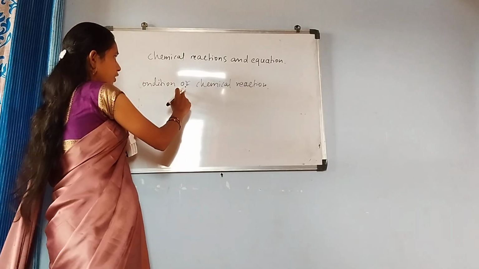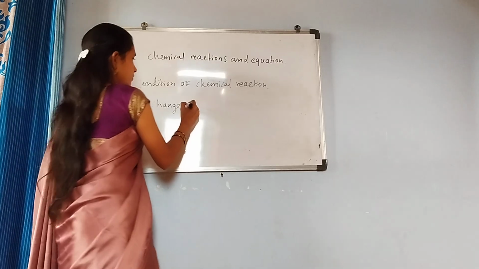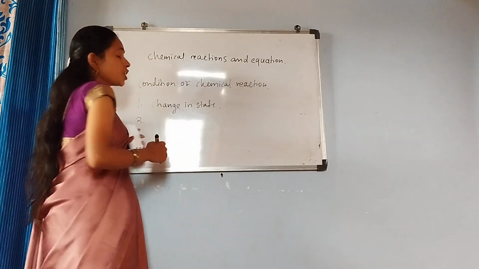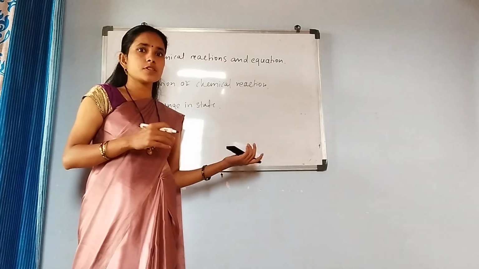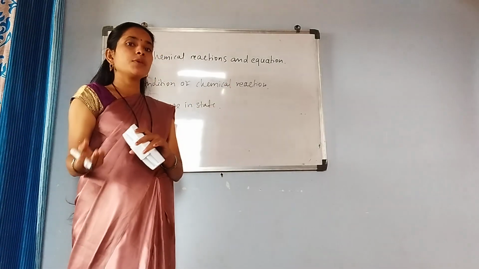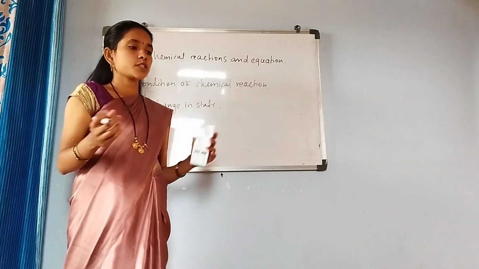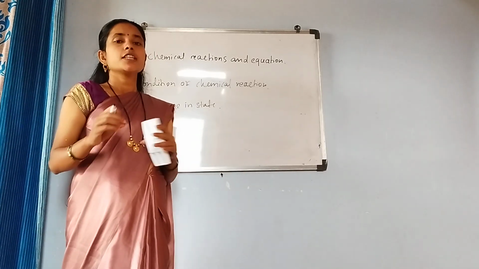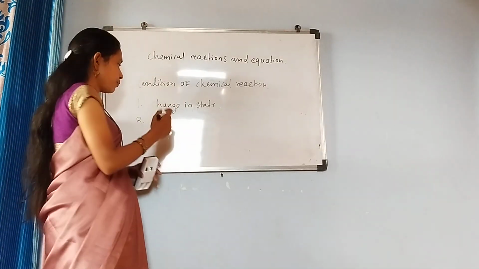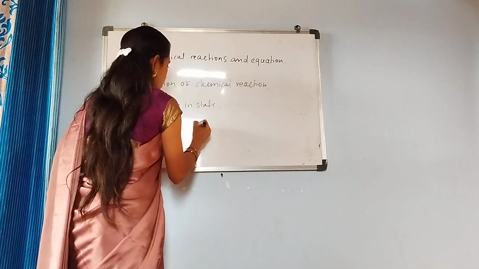So the first condition of chemical reaction is change in state. Next, change in temperature. One substance at room temperature is in one form, but if we keep it in a fridge, then that substance will form a different state. For example, water kept in a fridge will form a solid. So another condition is change in temperature.